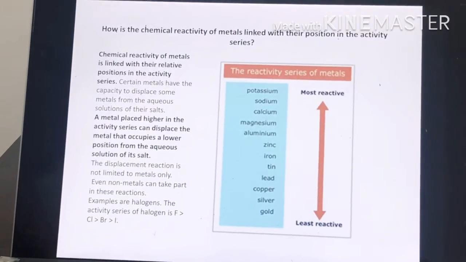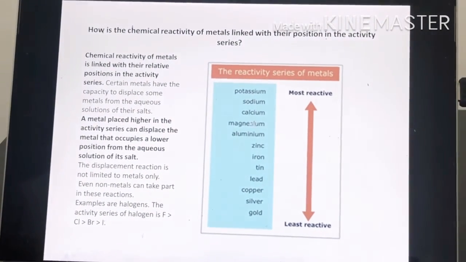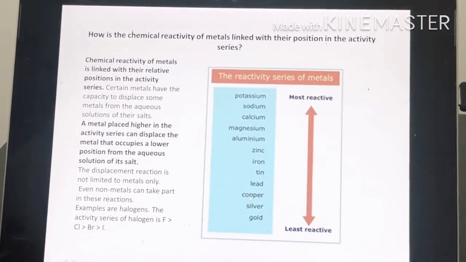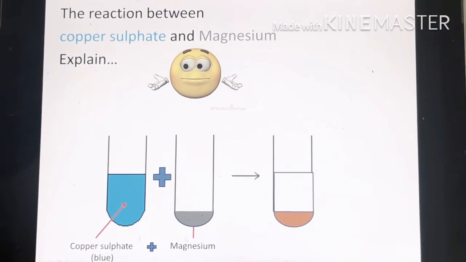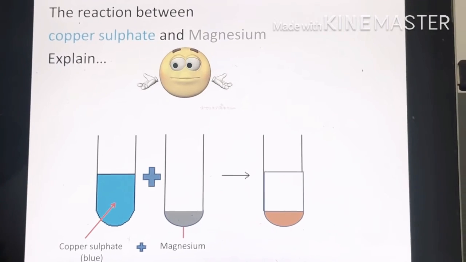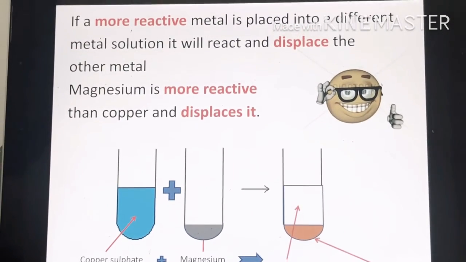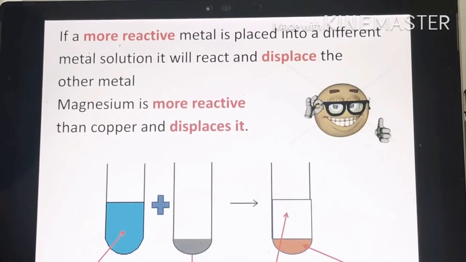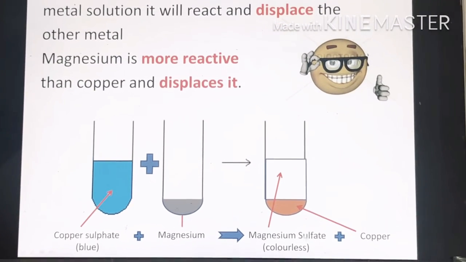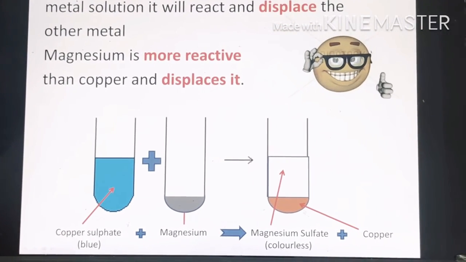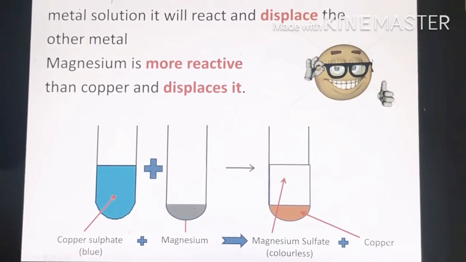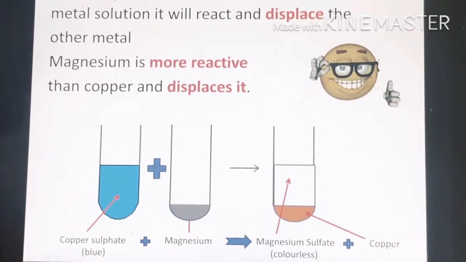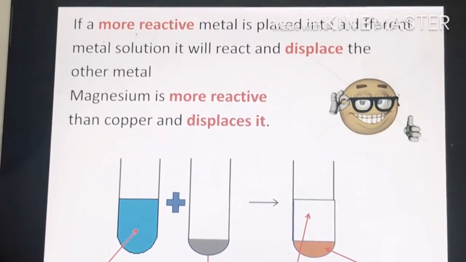You can see the magnesium is above the copper. So magnesium is going to displace the copper from the sulfate solution, and we will have a colorless solution, which is magnesium sulfate, and the copper will be left behind, as we have seen in the previous examples also. So is it clear?